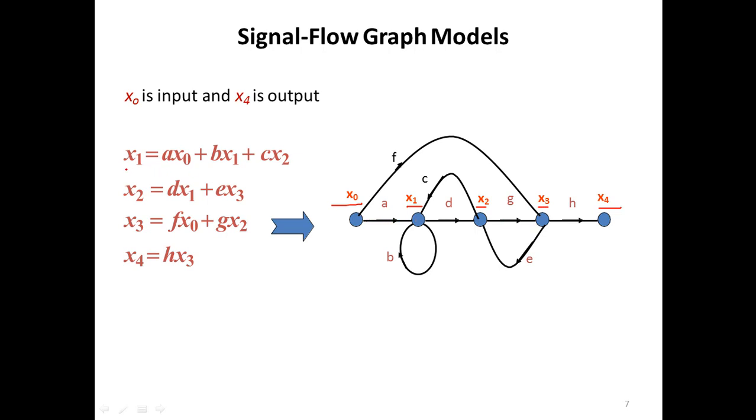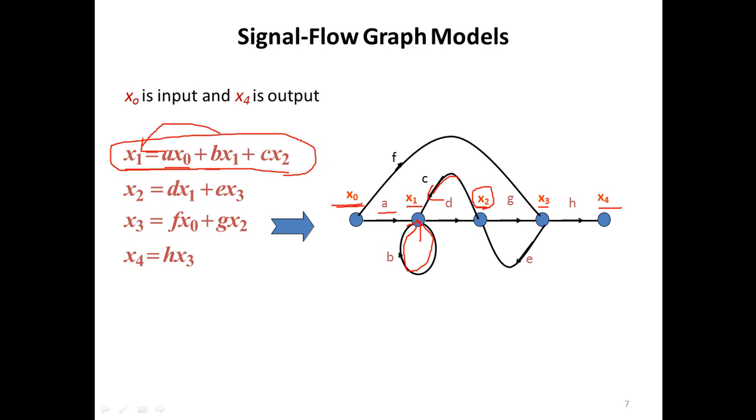So X1 is nothing but X0 multiplied with A, plus X1 multiplied with B. So X1 is multiplied by B and it goes back into X1. And similarly, the third thing coming over here is C, multiplied with this X2. So this becomes the equation for this graph.